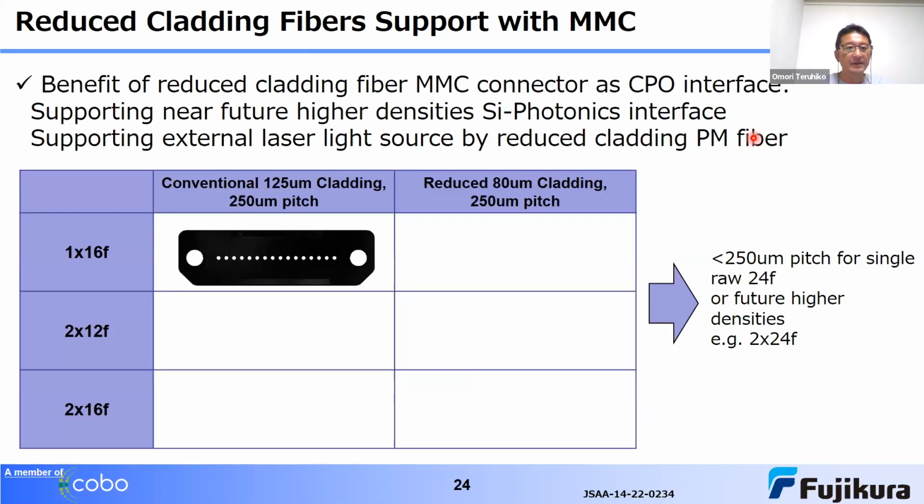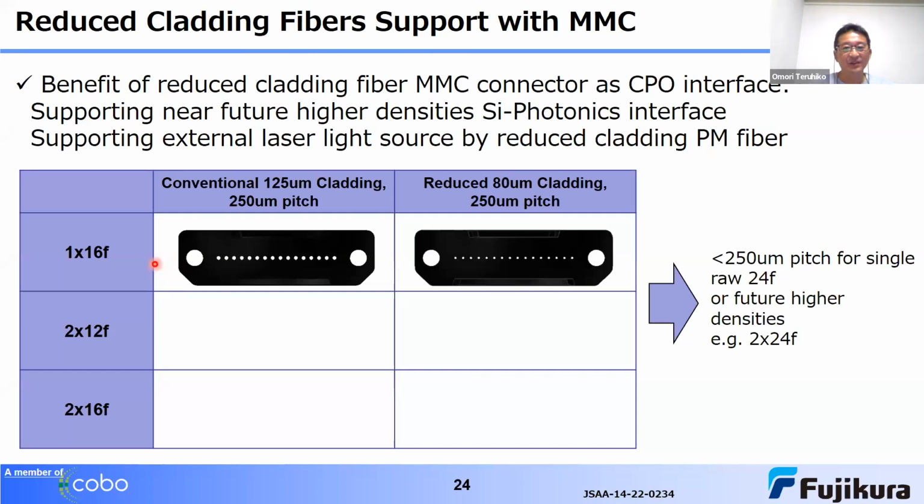And this is a summary of reduced clad fiber options. We have 125 micron fiber at 200 and 250 micron pitch. And also we have reduced 80 micron cladding with 200 micron pitch.